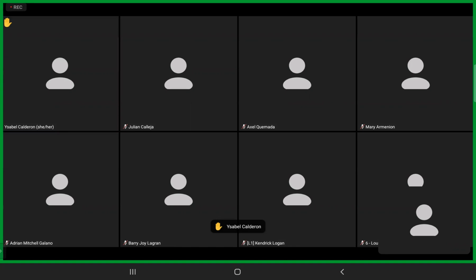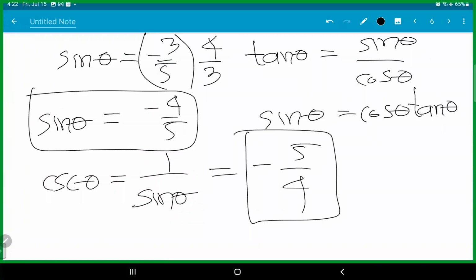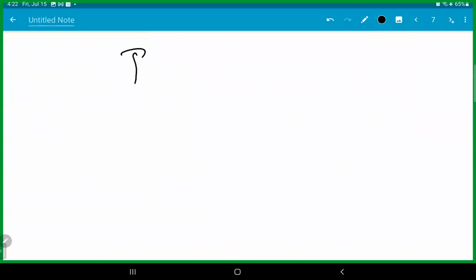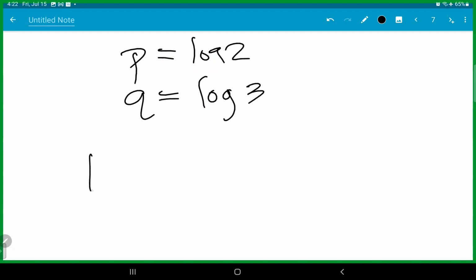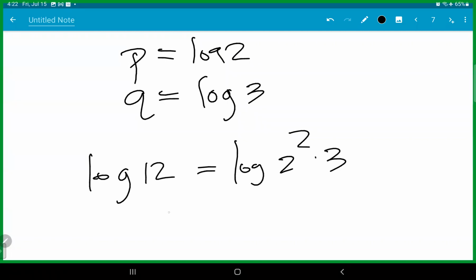Nag-tackle din ako ng ganun kanina. Pero yung idea doon is kunyari ganito, no? P equals log 2, Q equals log 3. What is log 12 in terms of P and Q, no? So, log 2 squared, diba 4 times 3 yan. Then apply the properties.